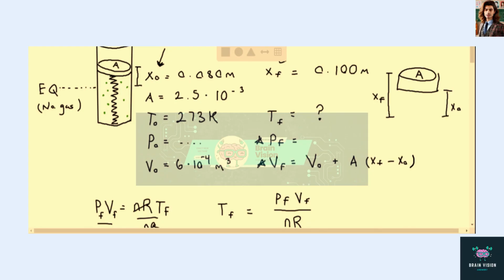Okay. So let's see if we know everything we need to calculate that. We have x final and we have x initial. We have the area and we have the initial volume. So we can just go ahead and calculate that right away, and then we know we have the volume for our calculation in the future.